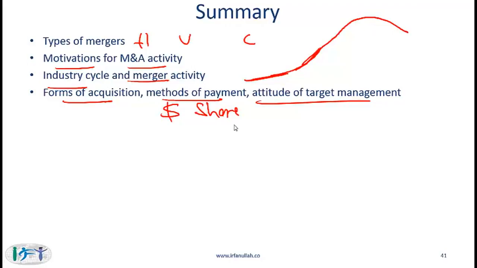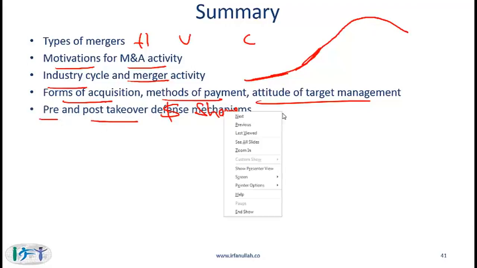Attitude of target management: this is fairly straightforward. Either the target company management is friendly, there you negotiate, do your due diligence, and then try to seal the deal, or you might have unfriendly management, in which case we would call this a hostile takeover. We then talked about pre and post takeover mechanisms.